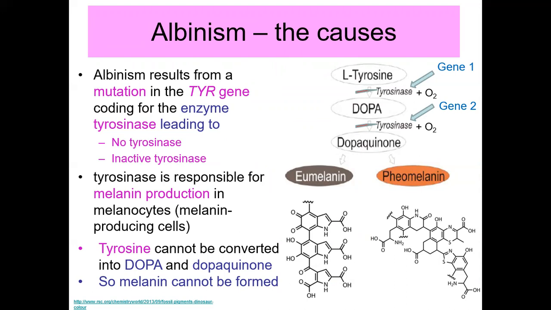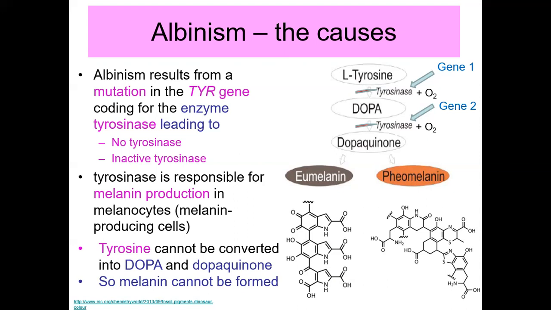First, from gene 1 that codes for tyrosinase, tyrosine is converted to DOPA. From gene 2, which codes for tyrosinase 2, DOPA is converted to dopaquinone, and from there, dopaquinone is needed to produce eumelanin and phenomelanin.